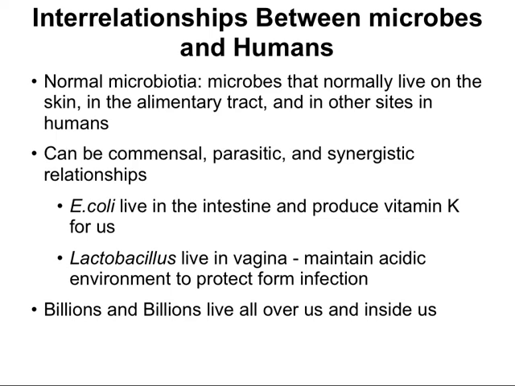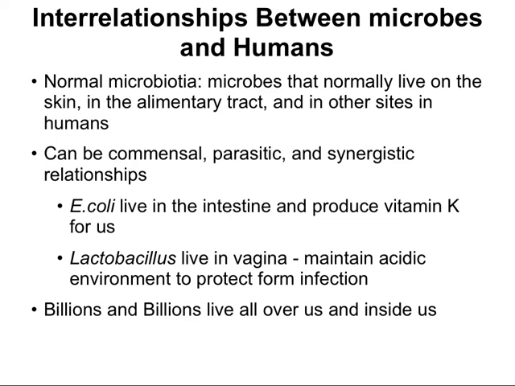For example, you're probably aware that thousands of E. coli live in the intestine, and those E. coli actually produce vitamin K for us. Now, there are different species of E. coli that cause some problems for us, but there are many species of E. coli that live in our intestine and keep us alive. Also, another example, lactobacillus live in the vagina. They have a really key role in maintaining an acidic environment.